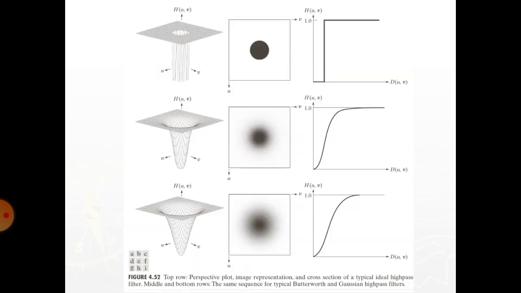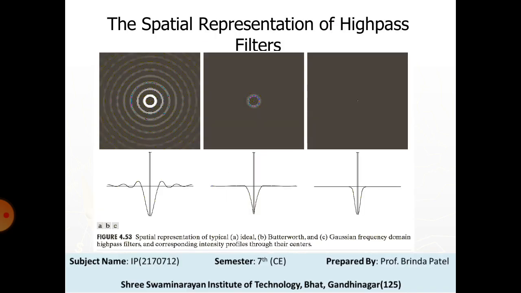The third row shows a perspective plot, image and cross section of the GHPF function, in the same format as for the BHPF. We can see this in this figure.